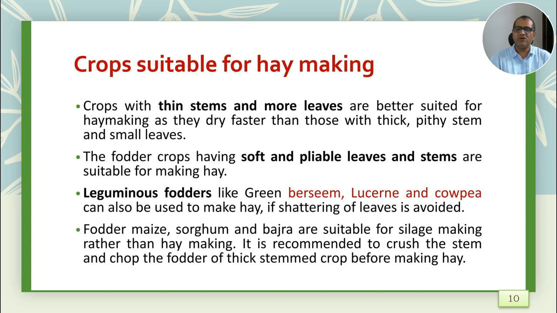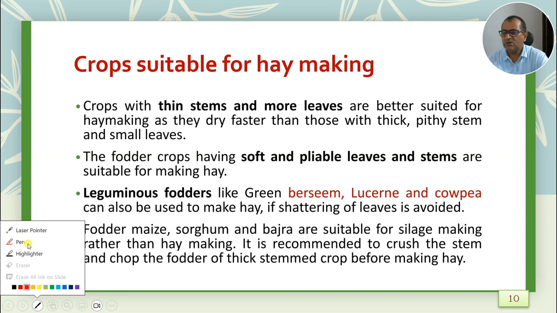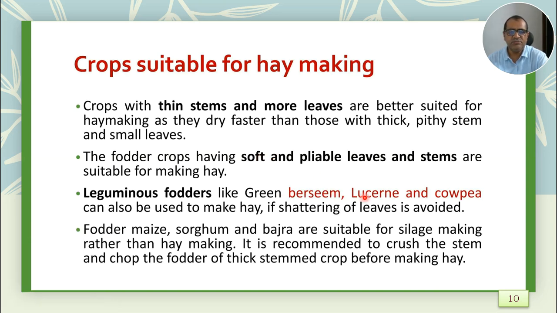Then fodder crops having soft and pliable leaves and stems are always suitable for the haymaking process. Then leguminous fodders like green berseem, lucerne, and cowpea can also be used to make hay.